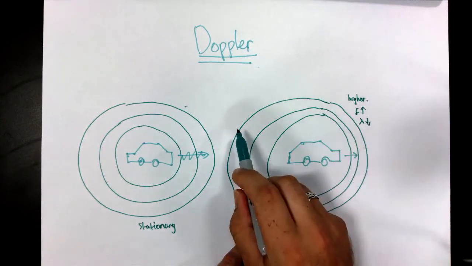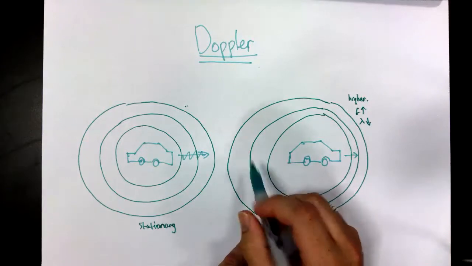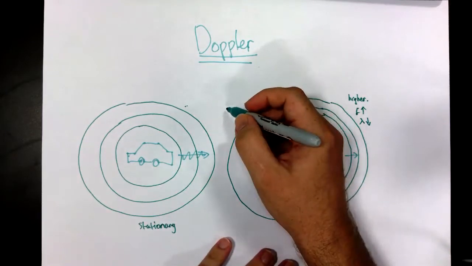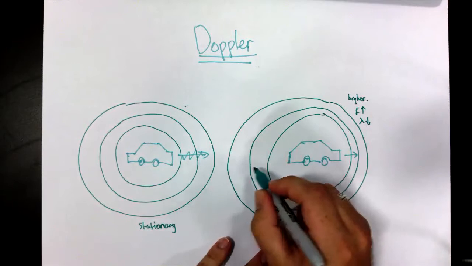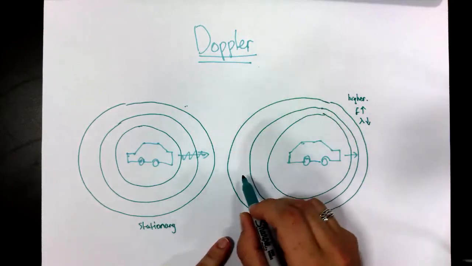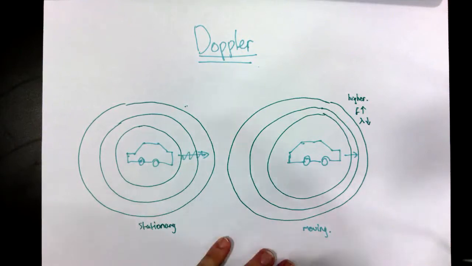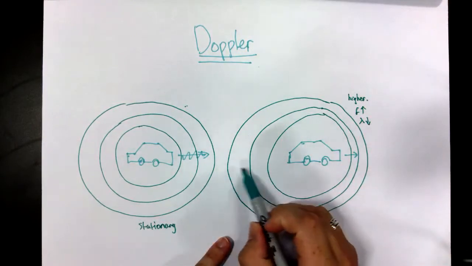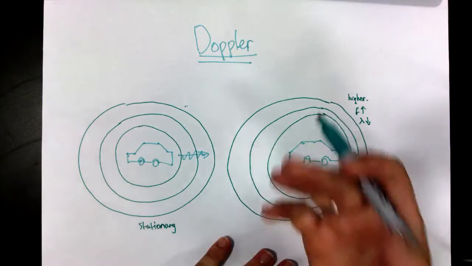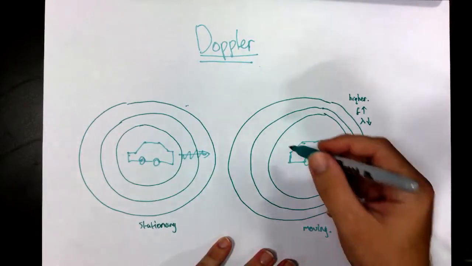The same could be said about what's happening over here: the waves have gotten further apart. So say you're stood on the other side of the car or ambulance as it goes away from you, the effect is that the waves have become more spread out as a result of the object's motion.